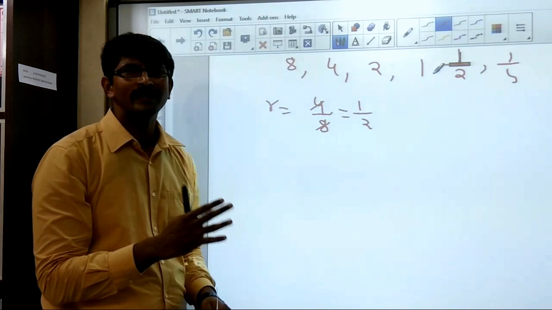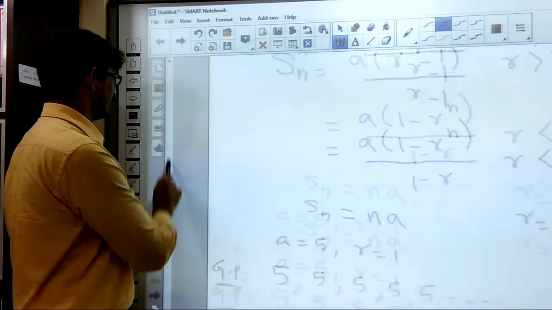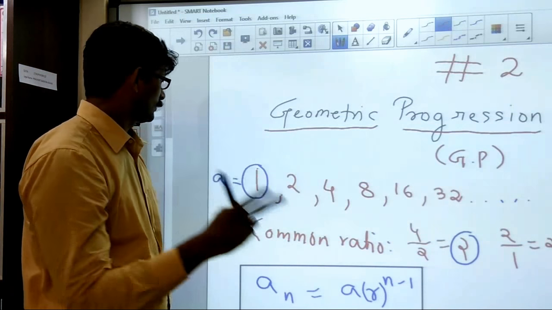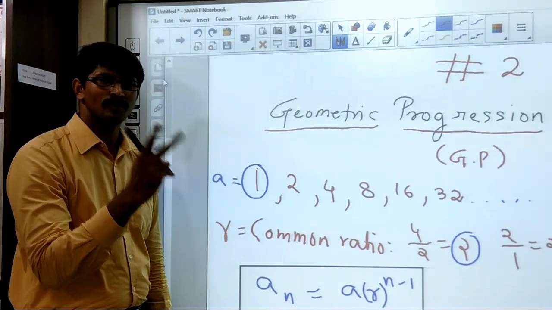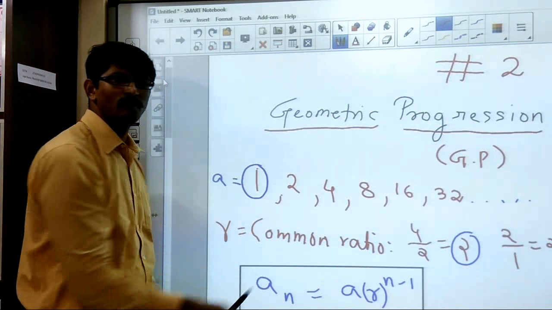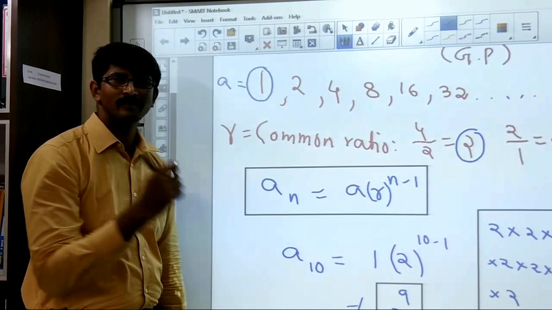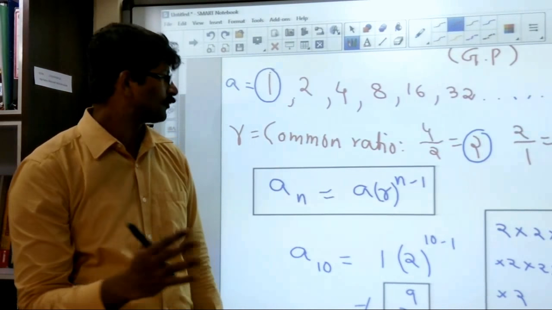So students, please understand what we have learned by now. Let's revise first of all. First, A is nothing but the first term. Second, R is nothing but the common ratio. Third, An is nothing but the nth term of the geometric progression.